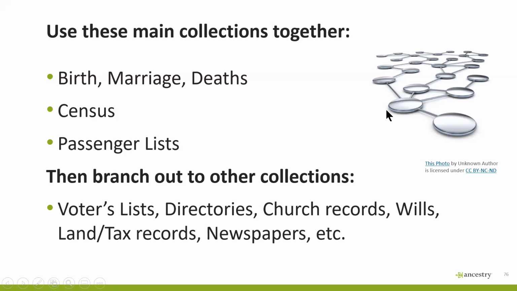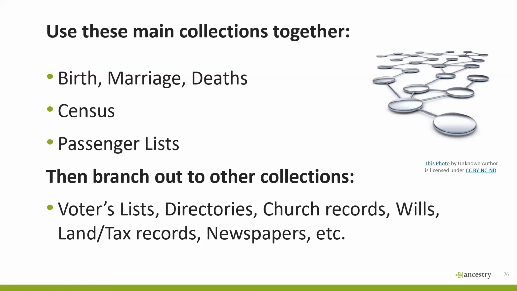Really, the point of these 3 collections that I've talked about is to use them in conjunction with each other. So from the census, maybe get a birth or a marriage date based on the first child's date of birth or age. Deaths, if they don't appear in a census, you can go and look at this collection to find out more that might offer you mothers' maiden names to get them back.